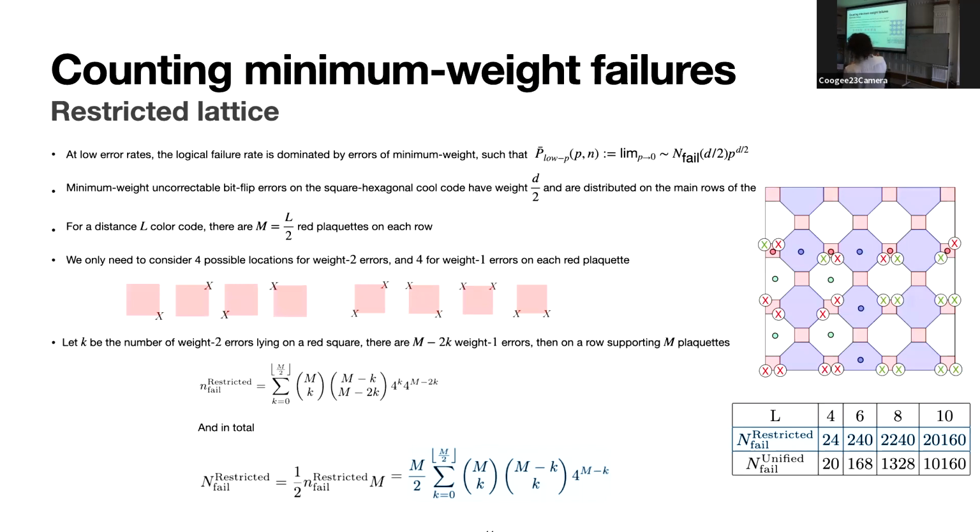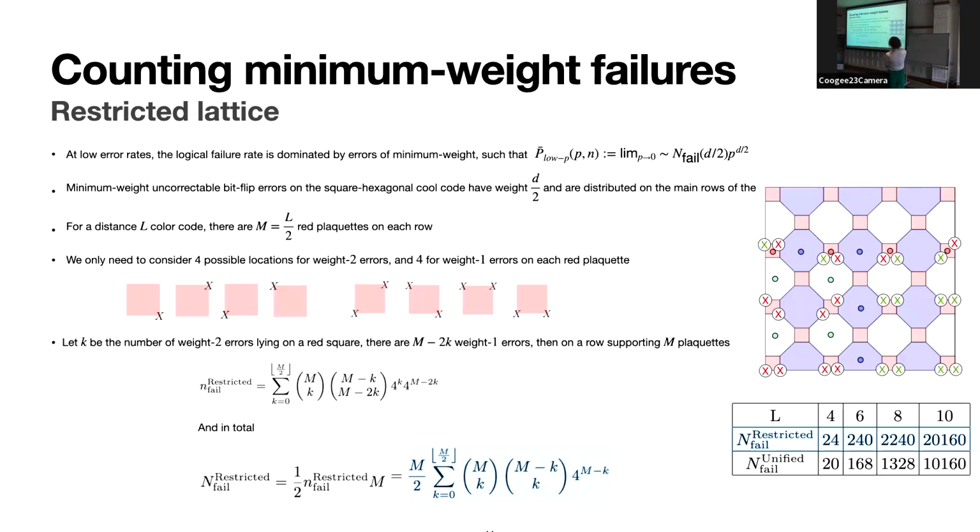In order to count these errors, here we consider the restricted lattice, since we have one color that's gone. So here's the red-blue restricted lattice.